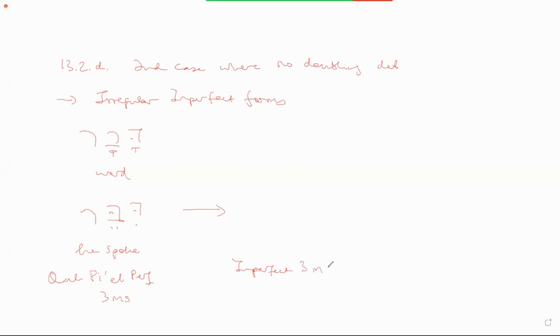When you do the imperfect third person masculine singular, it changes to this form. And then if you were to add in now the waw consecutive to this form, it doesn't double here. It doesn't have a doubling.